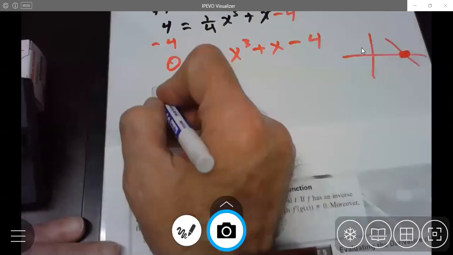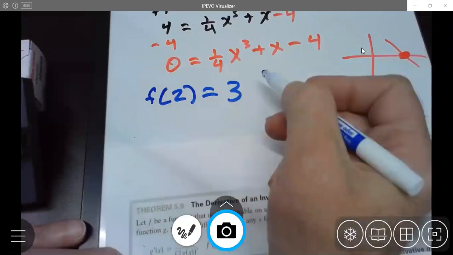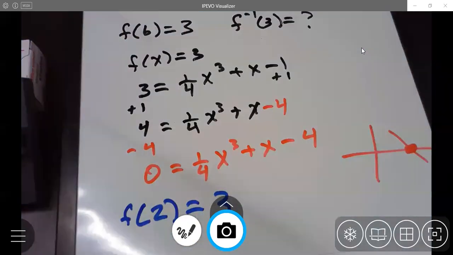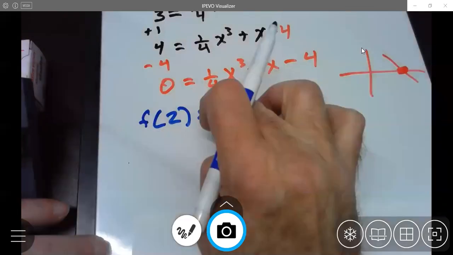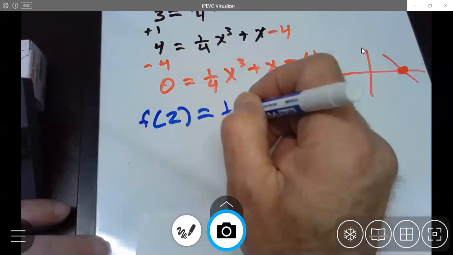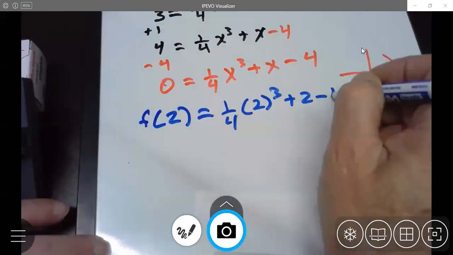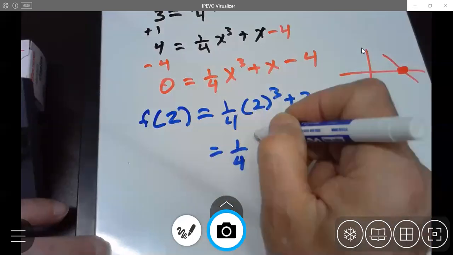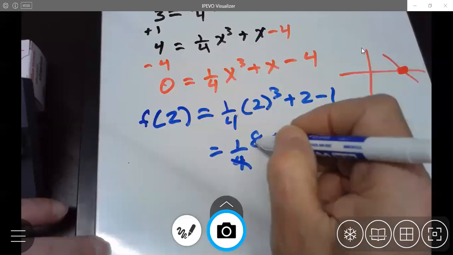So f of 2 will equal 3. If we come back here and put 2 in, we get 1/4 times 2 cubed plus 2 minus 1. 2 cubed is 8, 1/4 of 8 is 2.